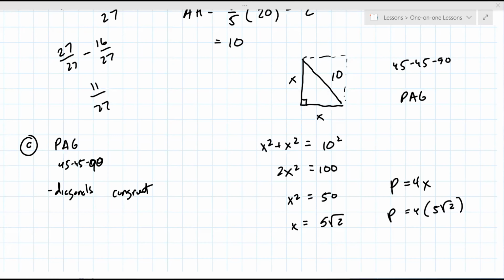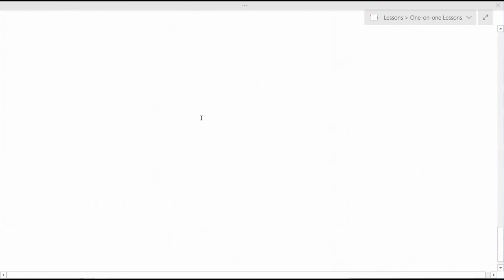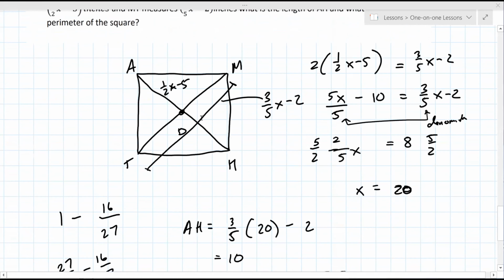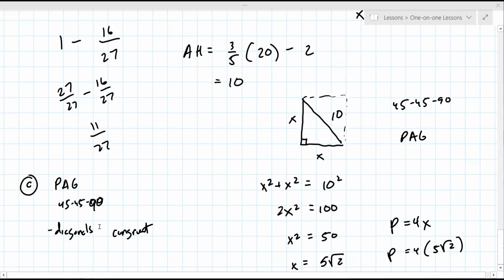Okay, so what does part C ask? It says what properties did you use, and I wrote a few down here. I mean, it's the Pythagorean theorem, 45, 45, 90 triangle, diagonals are congruent. Okay. Diagonals bisect each other. That's another one.